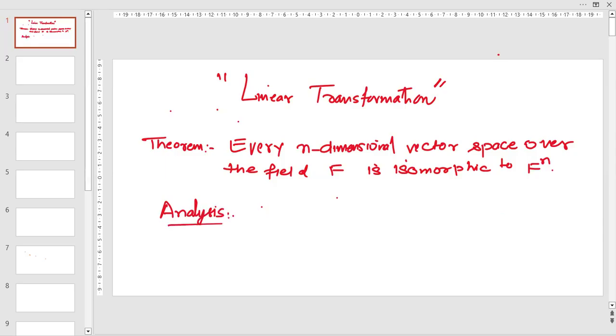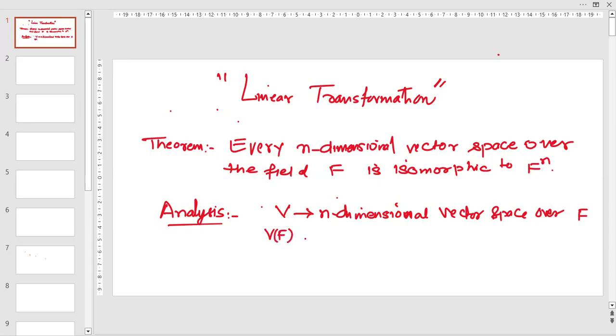Analysis says what? It says that if V is an n-dimensional vector space over the field F, that is V(F), then this is isomorphic to F raised to power n.